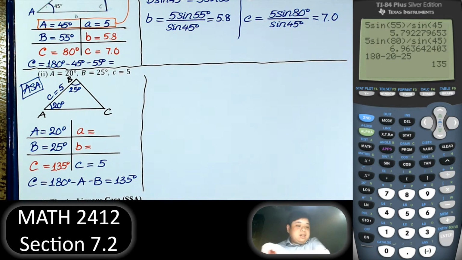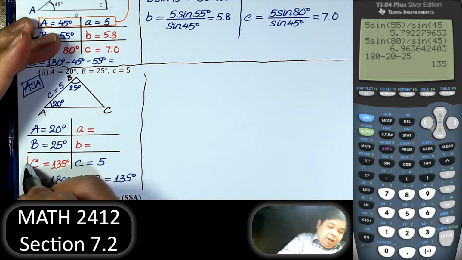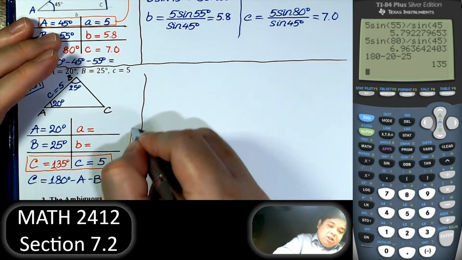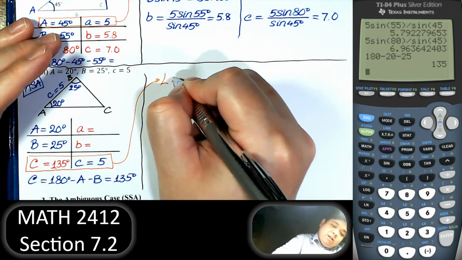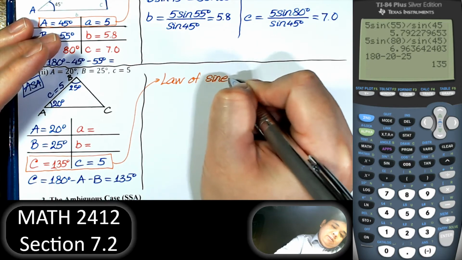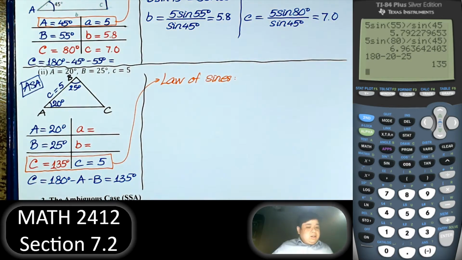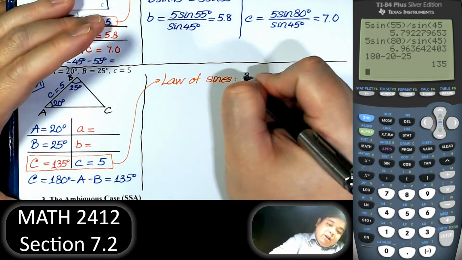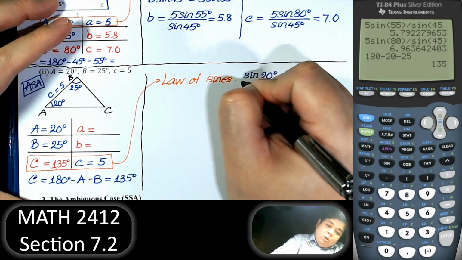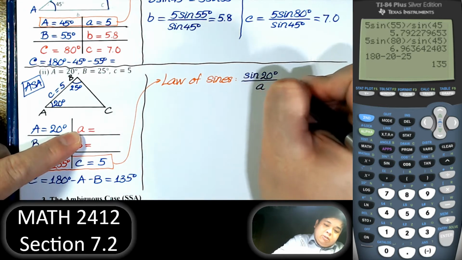Now what we have next is a pair of opposite side and angle, because that screams law of sines. We'll just write sine A over A, sine of 20 degrees over A, don't know.